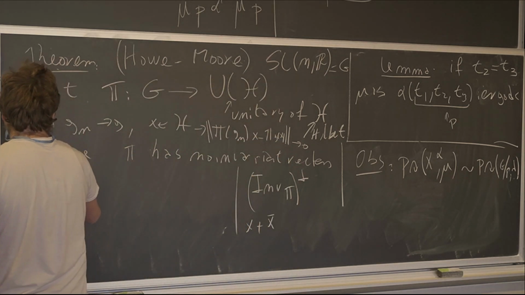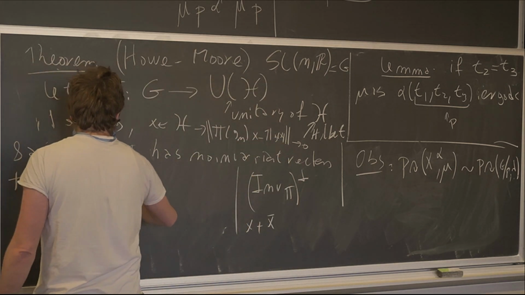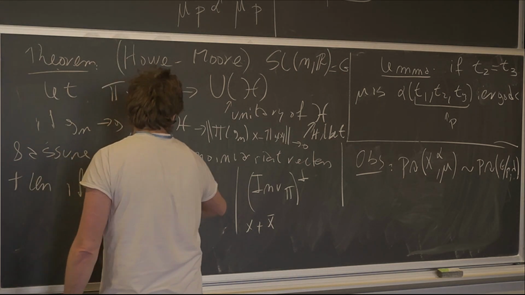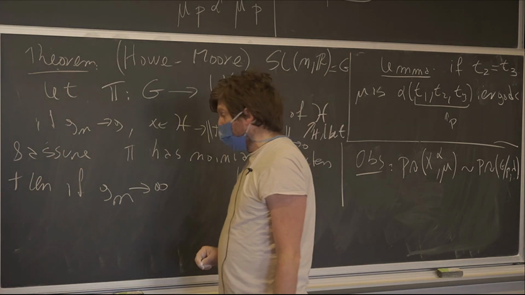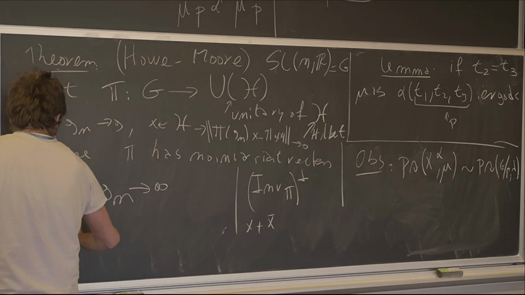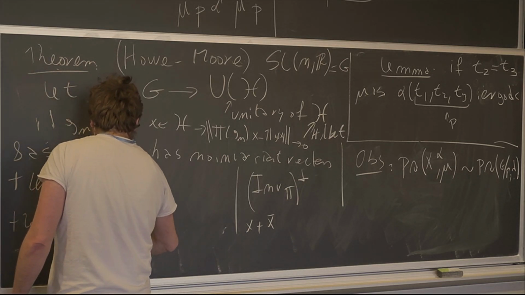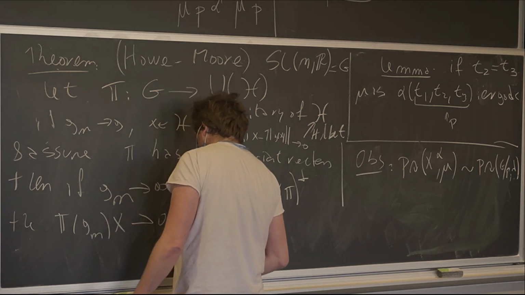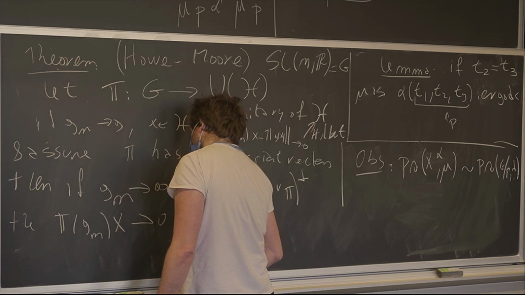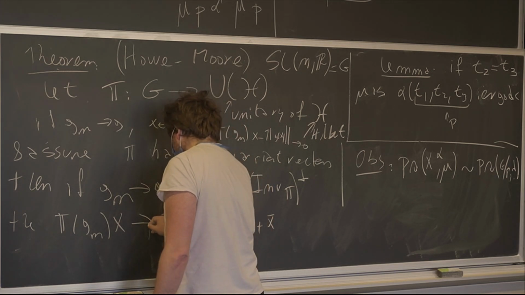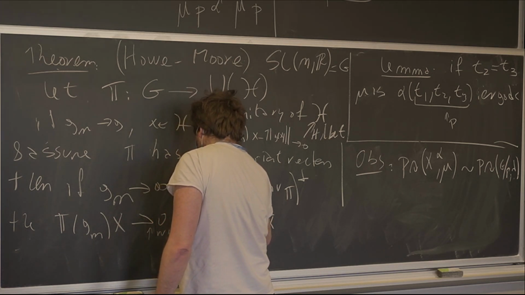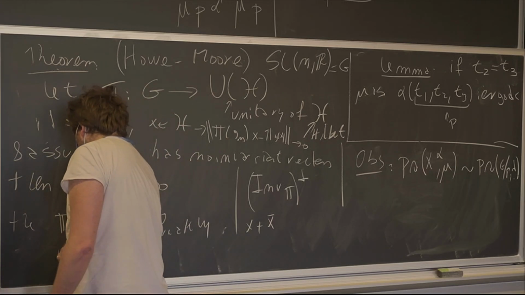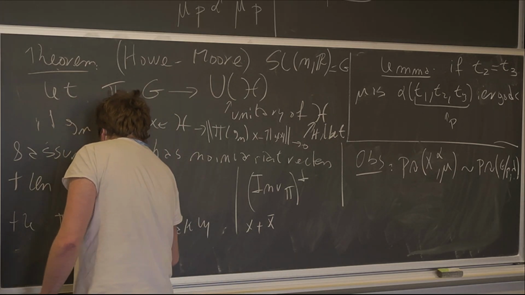Then if Gn goes to infinity, meaning it just leaves every compact, then pi Gn of x goes to 0. Actually, I think that's the way you write it. So weakly, for every x in H, which is the mixing property.